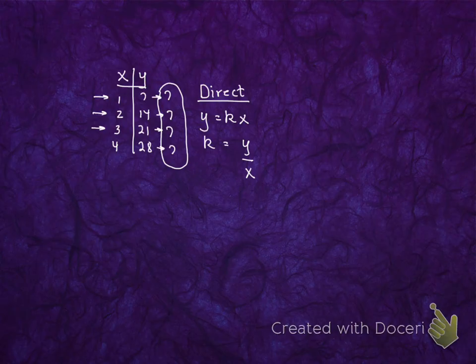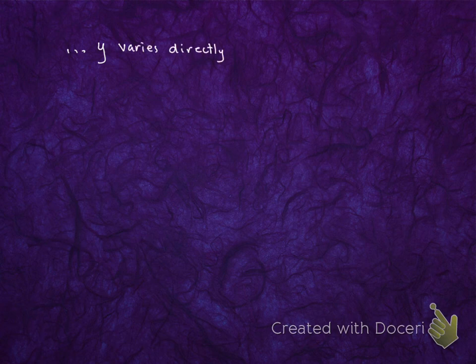Okay? So, for example 2, it says find the constant of variation if y varies directly with x. When we look at that wording, it says y varies directly with x. That means that we are using the direct variation equation, which is y equals k times x.